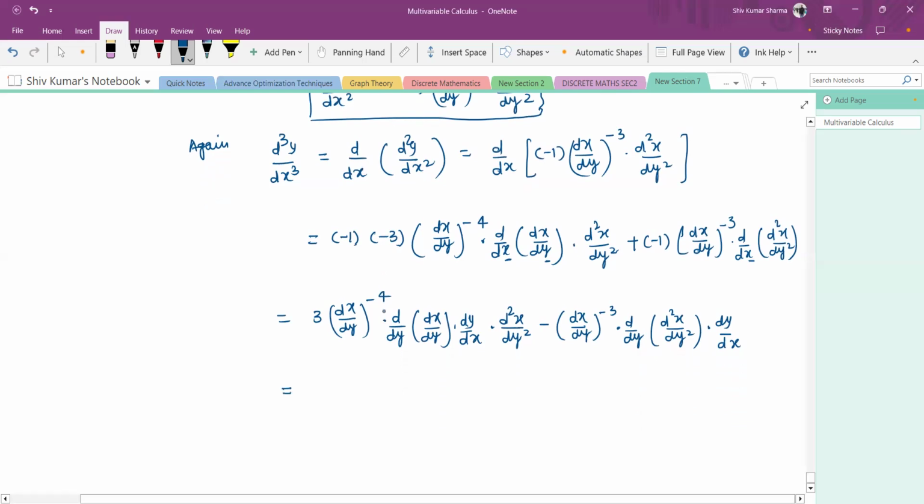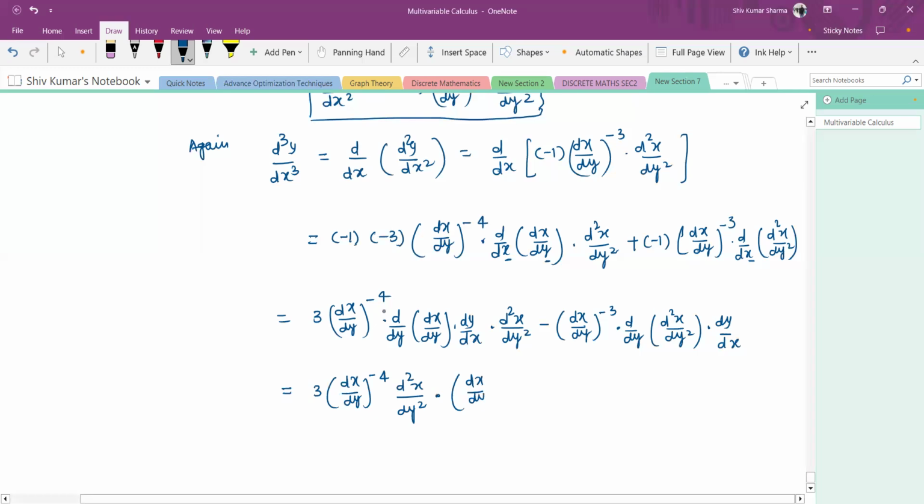So this we write down as 3 (dx/dy)^-4, and differentiation of this is d²x/dy² into the value of dy/dx we put here.